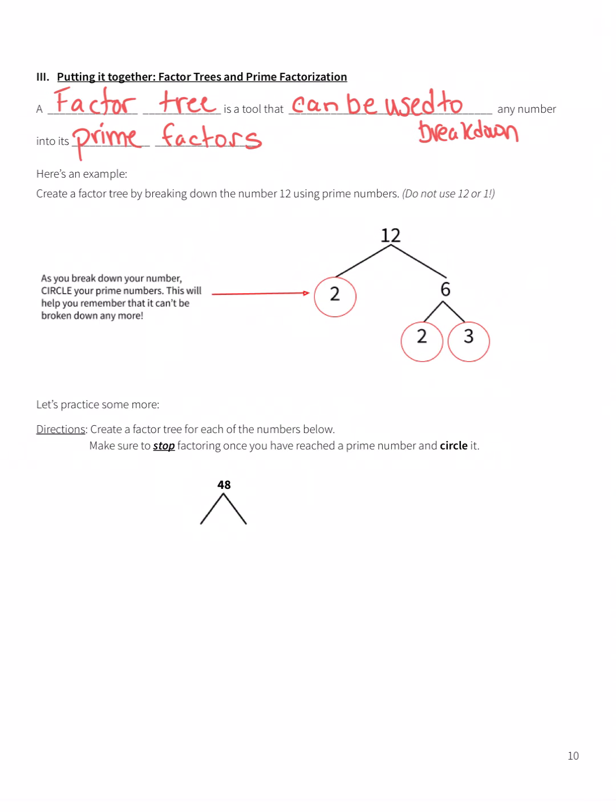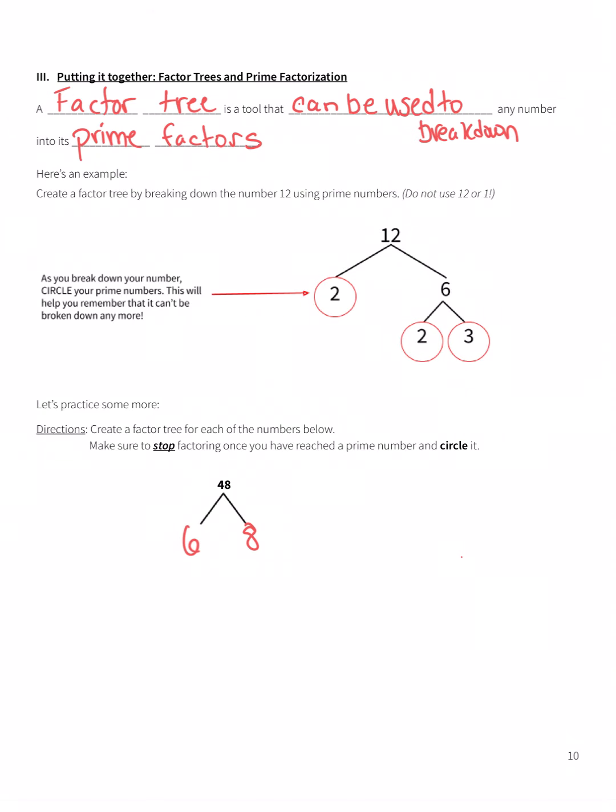So now I'm going to go through one, and then you'll try some on your own. So we have the number 48. I would look at my factor cheat sheet and find two numbers that I multiply to make 48. Well, I know that 6 times 8 equals 48. Okay, two things you can multiply together to make 48.